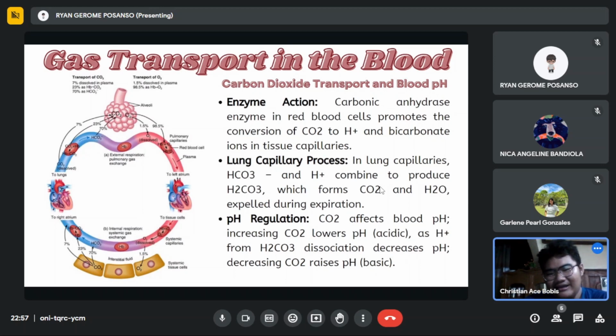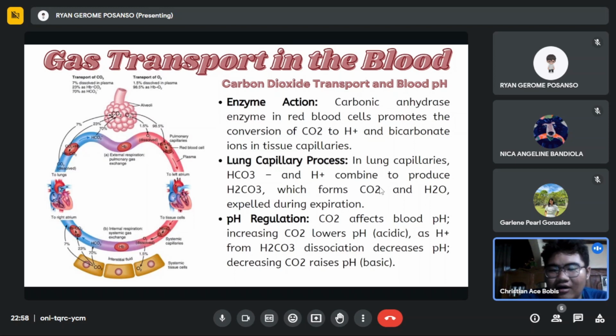And lastly, pH regulation. In simplicity, carbon dioxide affects the blood pH: increasing the carbon dioxide lowers the pH to an acidic level, as the hydrogen ions from the H2CO3 dissociation decrease the pH.